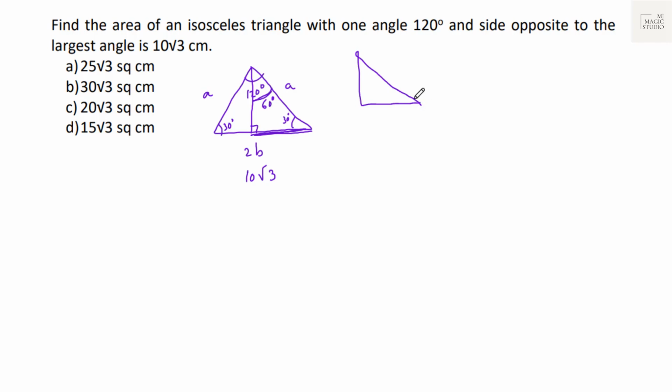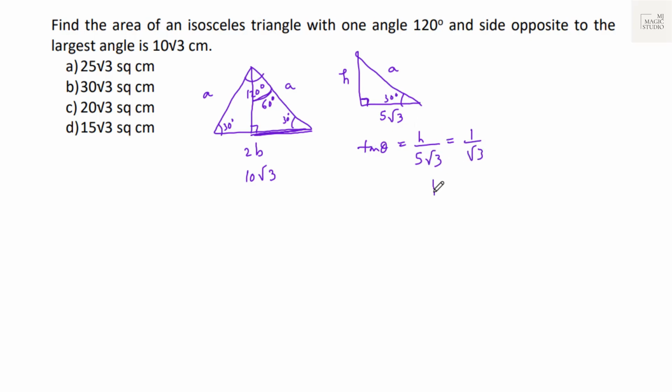So let me draw it out here. It is 5 root 3. This is 30 degree. This is A and this is the height. This is 90 degree. Perpendicular by base is tan theta. Tan theta will be h by 5 root 3. Theta is 30 degree.